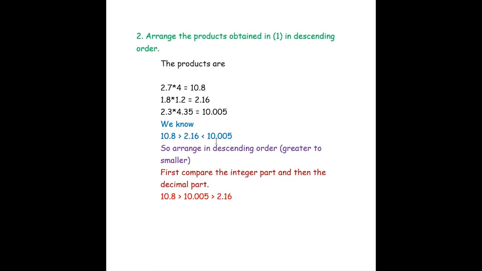We have the same integer part, so now we have to see the decimal part. The first number in the decimal part, that is in the tenths place, is 8 and here it is 0. So 8 is greater. So 10.8 is greater than 10.005, which is greater than 2.16. These are all the numbers in descending order.